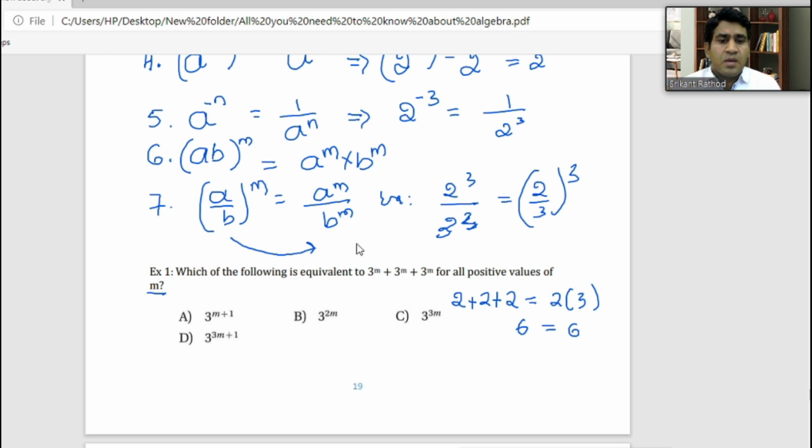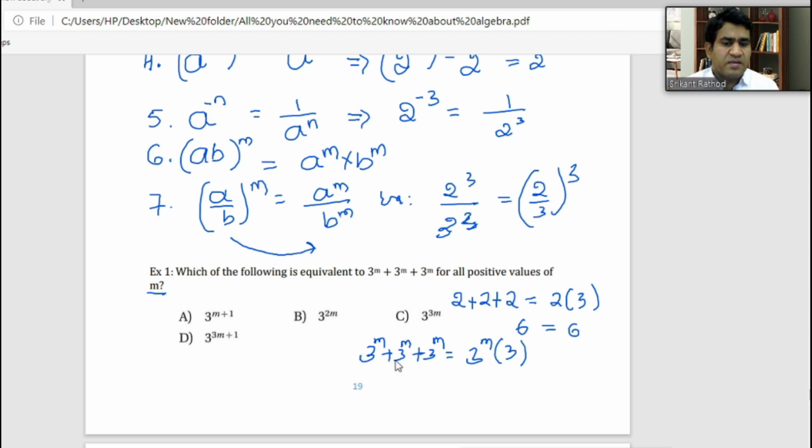Now this expression, 3 to the power m plus 3 to the power m plus 3 to the power m, is the same: you are adding 3 to the power m three times, no matter what m is.